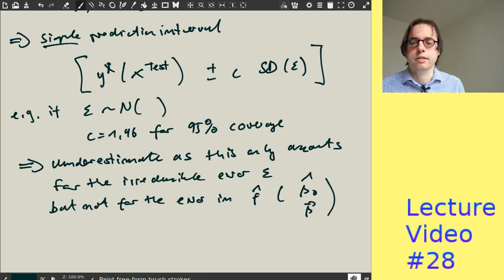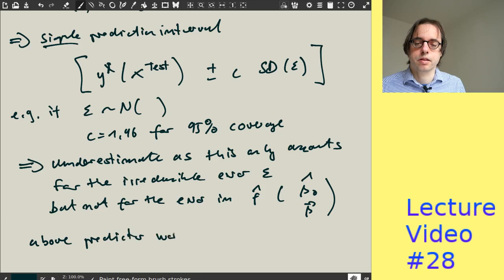While we can use the above, the predicted mean plus minus the residual error, this is just a crude approximation unless n is very large. So the above predictor works for n large only.